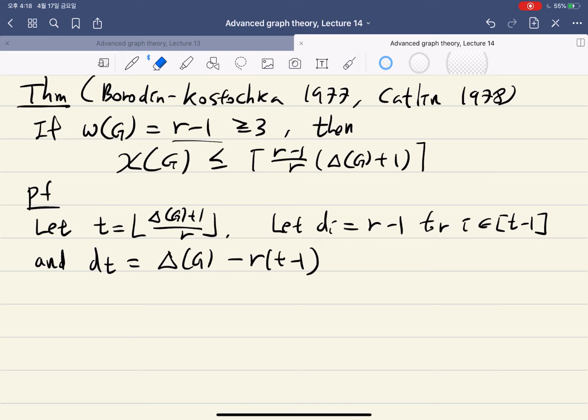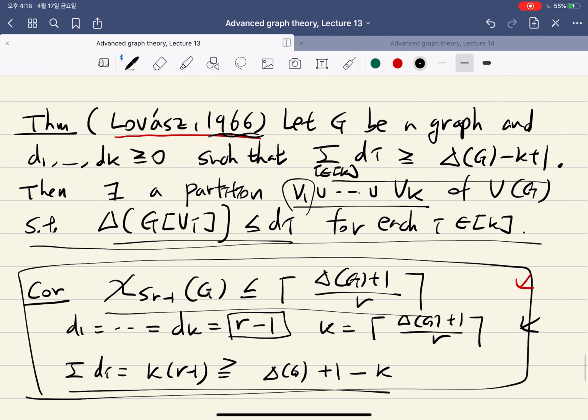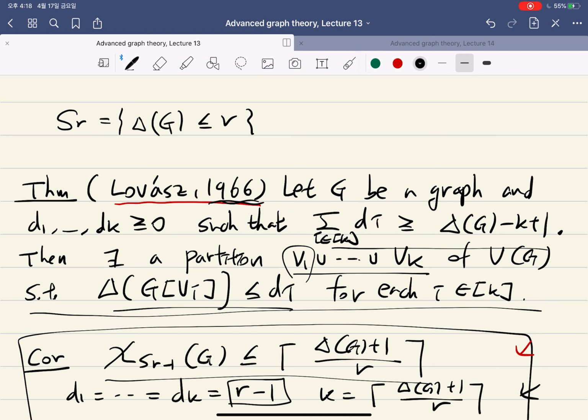Give me a moment. So what was Lovász's theorem? Lovász's theorem was this. When we have numbers which sum up to the maximum degree minus k minus 1, then we can partition the graph into parts so that each part has not so large a maximum degree.